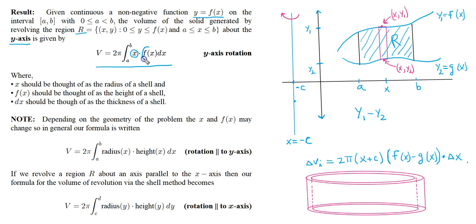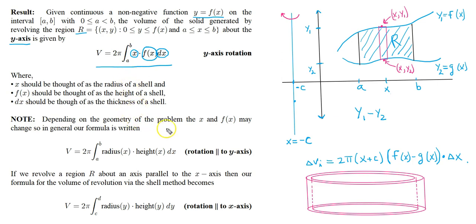The f of x should be thought of as the height of that shell, and the dx is the small thickness of the shell. So when you multiply these terms together, that gives you the volume of a very thin shell generated by rotating a rectangular region around the y-axis. That's what you should think of when you see these. And remember the integral actually sort of represents a summation.